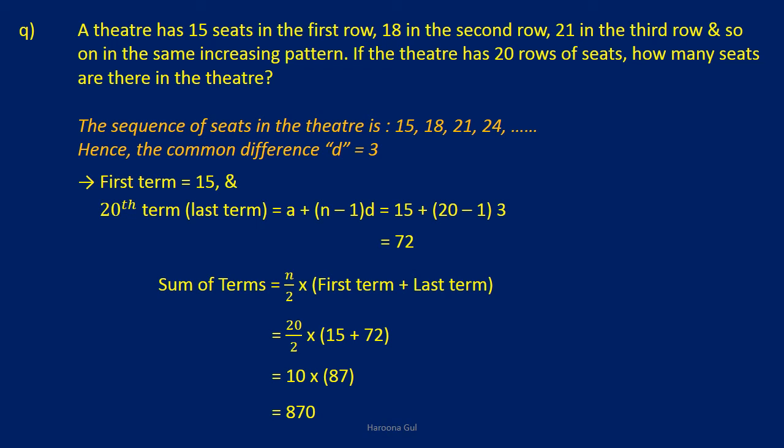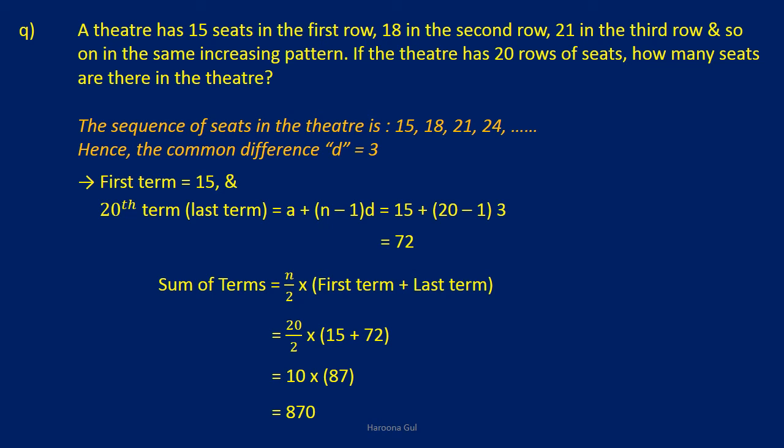Now, our first step should be to write down the sequence mentioned in the question, which is 15, 18, 21, 24, and so on. Through this sequence, we come to know that our first term is equal to 15 and our common difference is equal to 3. Now, the total number of rows is equal to 20, and to find the sum of terms, we can use the formula S is equal to n over 2 into the first term plus the last term.